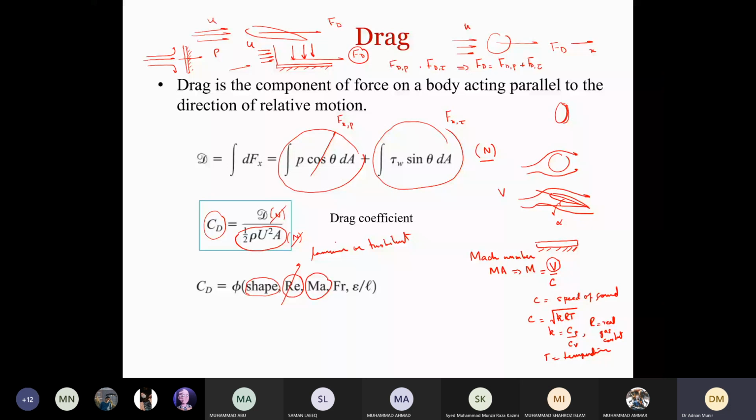Based on this definition of Mach number, we can have three types of flow classification. If Mach number M is less than 1, we call that flow subsonic flow. If Mach number is equal to 1, we call that type of flow sonic flow.